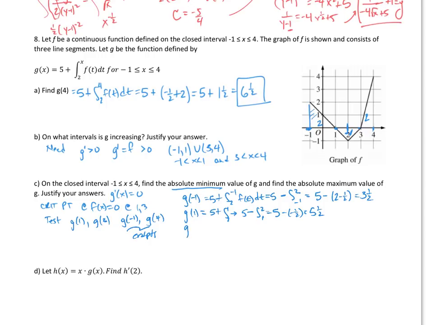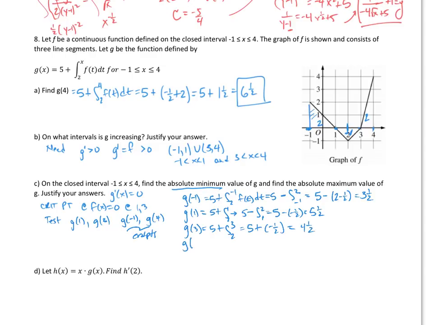Okay, let's go ahead and now do g of 3. And that's going to be 5 plus the integral from 2 to 3. So this becomes 5 plus, now that region is going to be -1/2, and so we will get a total of 4.5.